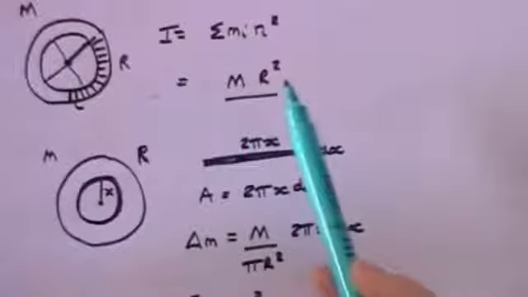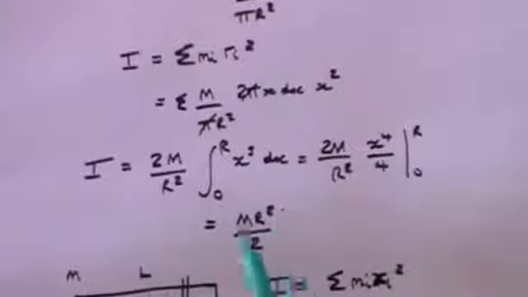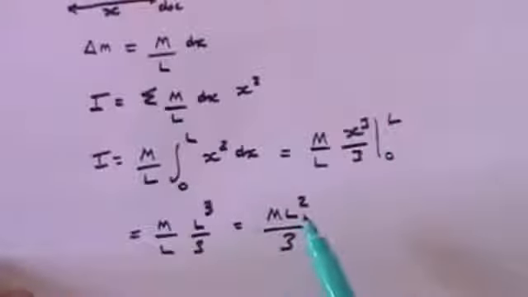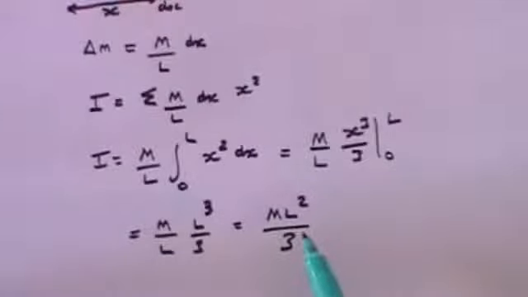And so far, that's right. This has got mass times distance squared. The ring has got a mass times distance squared. It may have divided by 2, but the dimensions are right. And here we've got a mass times a distance squared divided by 3. But if you ever get a moment of inertia where the dimensions are not mass times distance squared, you've made a mistake.